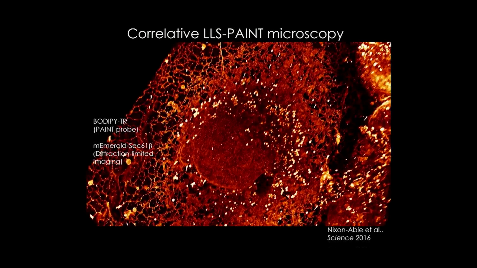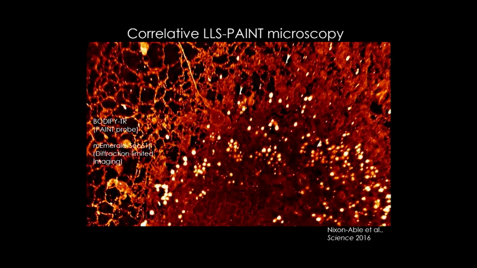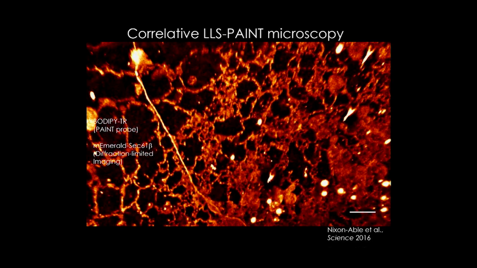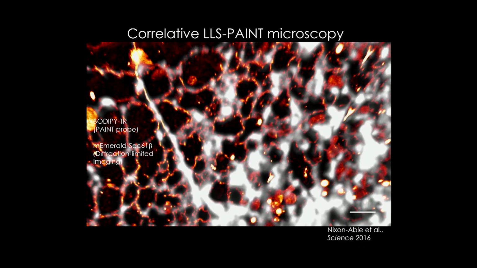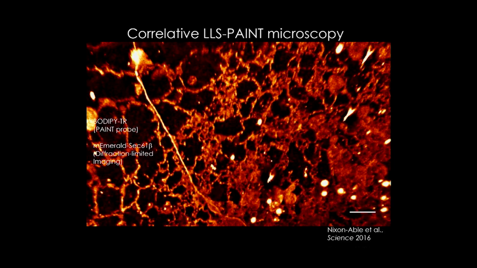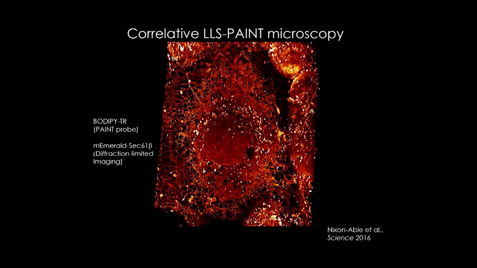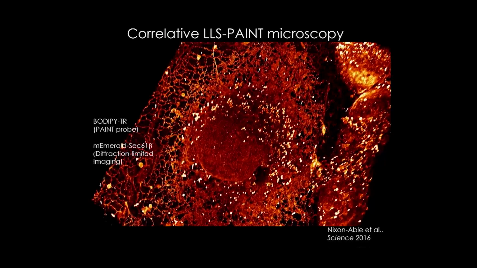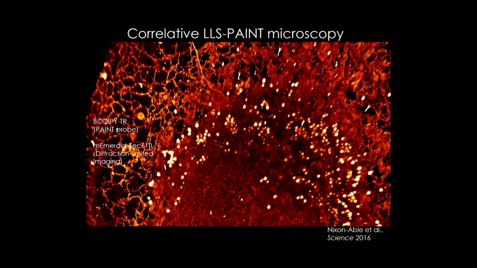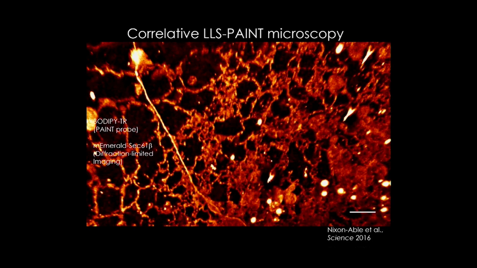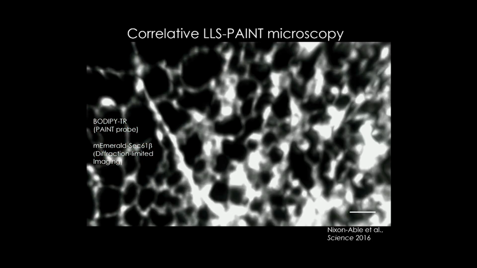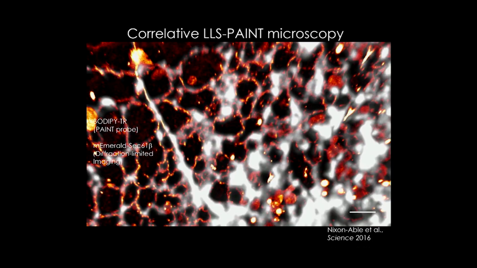And this is an example where we have, again, all of the membranes of the cell that have been painted out, if you will, using our lipid probe and single molecule super resolution imaging. And we're now correlating it with a diffraction limited image of Sec61 beta tagged with mEmerald, a fluorescent probe. And you can see how they align.